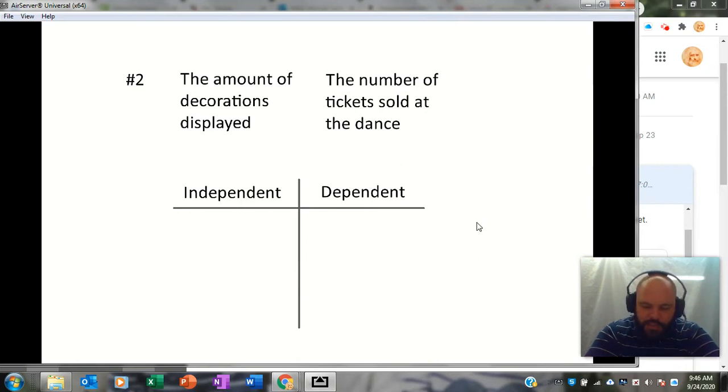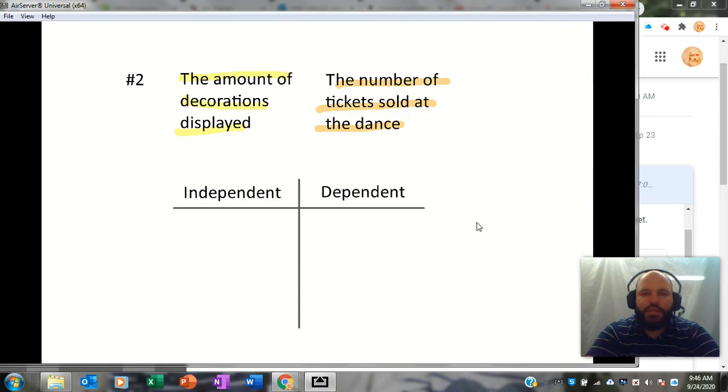Okay, so the first one says the amount of decorations displayed, and then the second one says the number of tickets sold at the dance. So looking at this, do you think the amount of decorations displayed is going to depend on the number of tickets sold? Or do you think the number of tickets sold will depend on how many decorations are displayed?